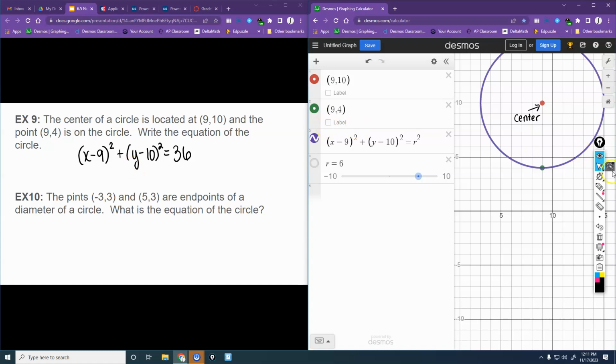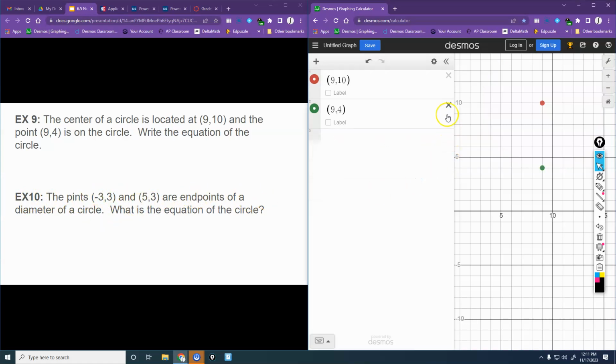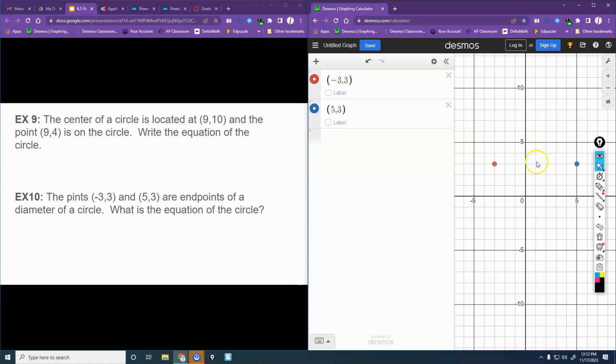All right, so 10 tells us that we've got, that should say points. These points are endpoints of the diameter of a circle. What's the equation? So this does not give us a center. So I'm going to graph these points, -3, 3, and 5, 3. And I'm going to move over here so I can see them both, right? These are endpoints of a diameter, right?